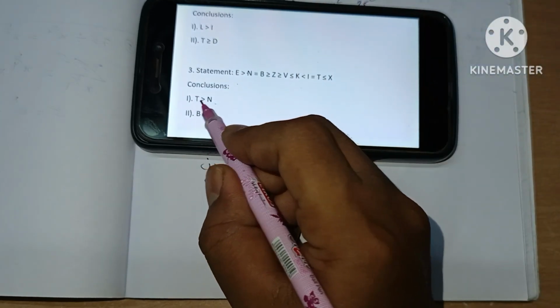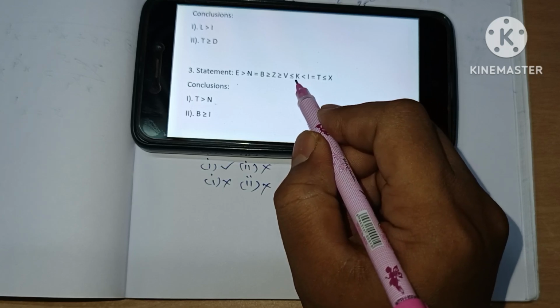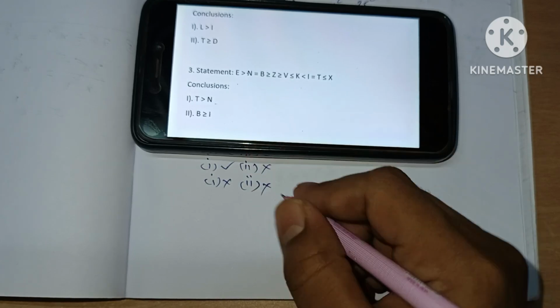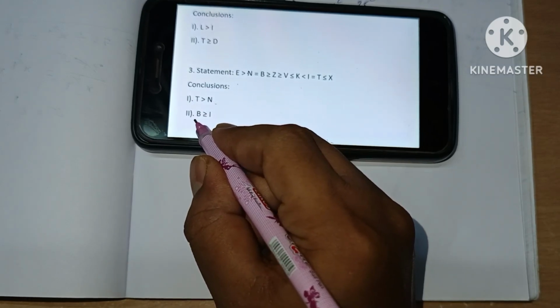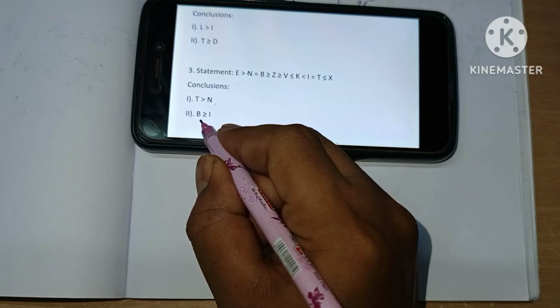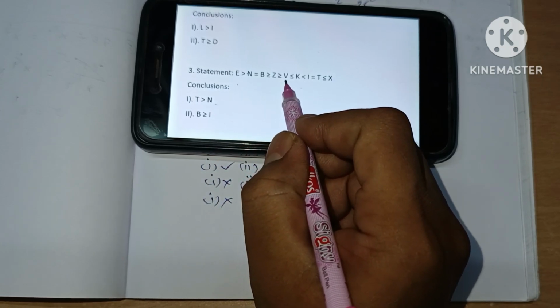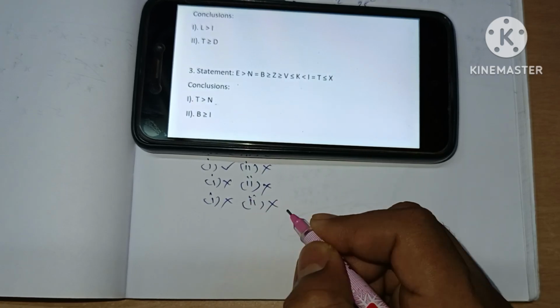The flow from T to N, from T we can reach up to V but not to N, so first conclusion will be false. Second conclusion, the flow from B to I with everywhere equal to also. From B we can reach up to V but not to I, so second conclusion is also false.